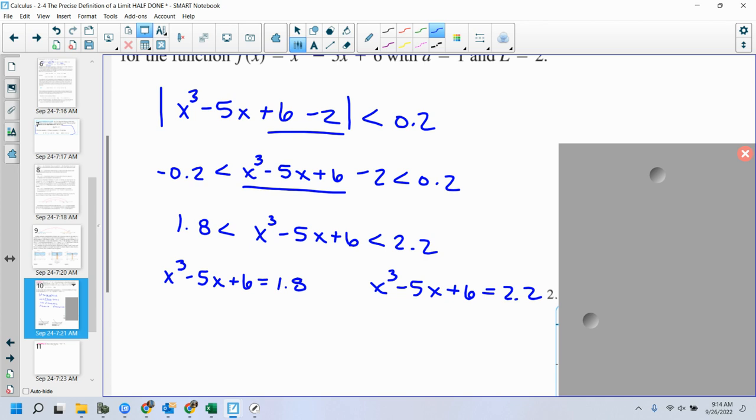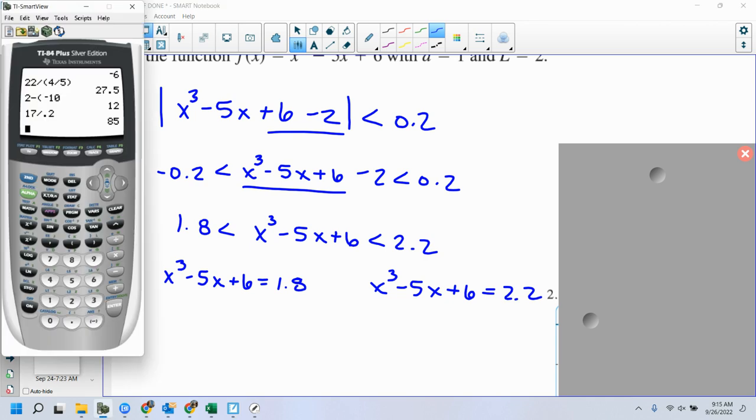I need to know where those intersection points are occurring, because where those intersection points are occurring gives me my x value. Now, how do we do that? Well, this is not quadratic. If this was quadratic, I could just move that over and then use the quadratic formula. Done. But this is cubic. So the only way to do this right now is to put it into our calculators.